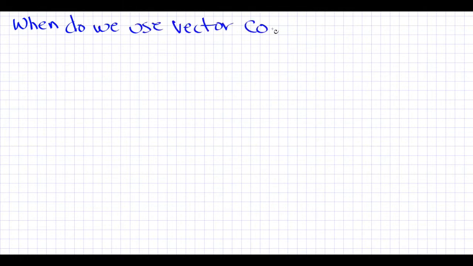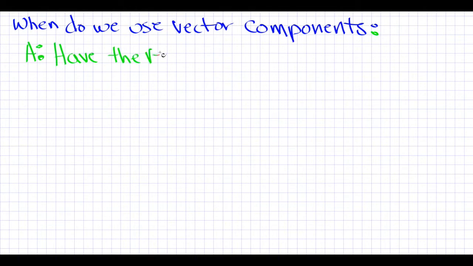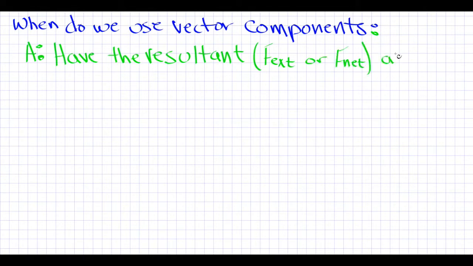So the next question we have to ask ourselves is, when are we going to use vector components, especially with respect to living systems? Because that's what all 4A is about, and that's the major selling point of these videos. So let's take a look. Whenever you have a resultant, maybe it's an external force, or maybe it's the net force. You're already taking all the nets, and you want to do the opposite.